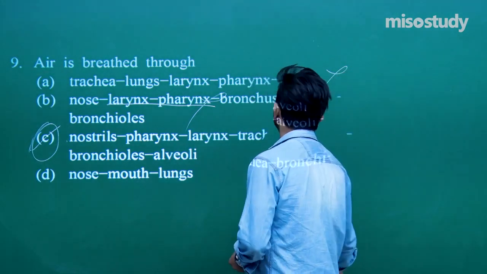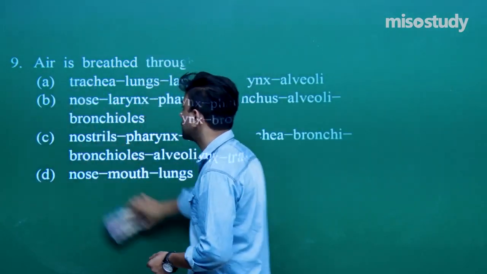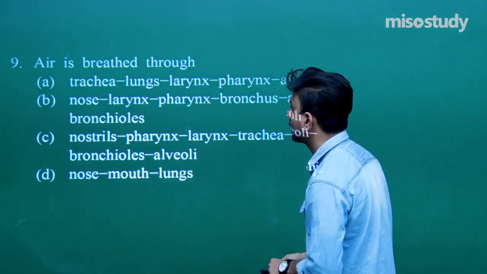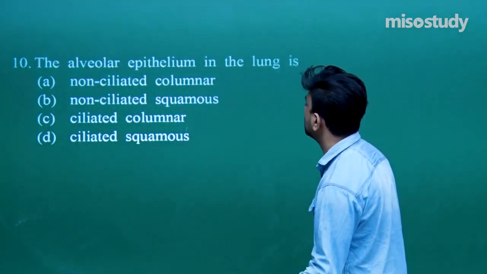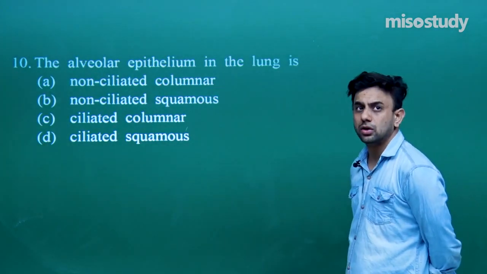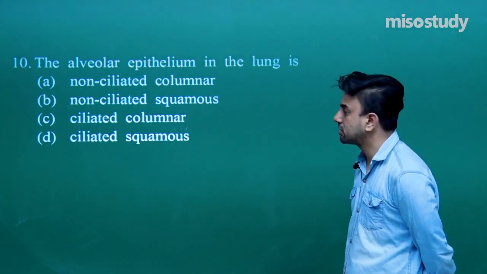Right, so we will go on to the next question. The alveolar epithelium in the lung is: non-ciliated columnar, non-ciliated squamous, ciliated columnar, or ciliated squamous.